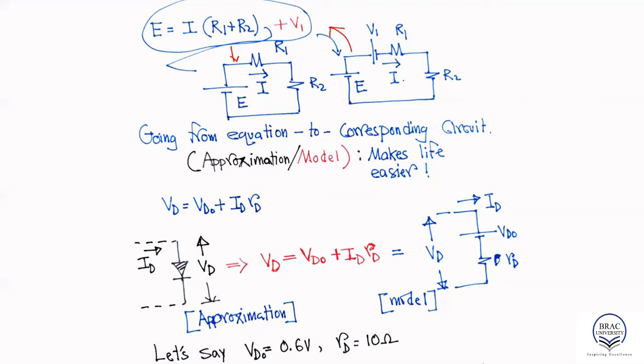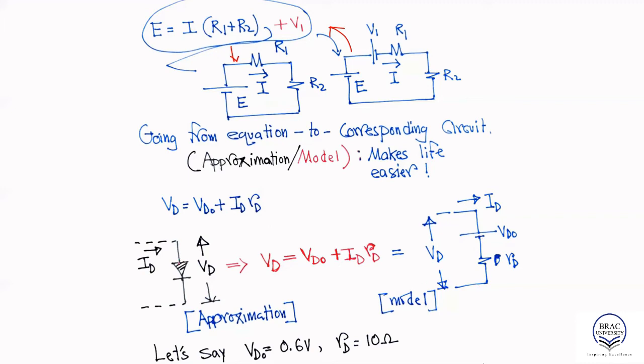What we learned from here is that from an equation, we can go to an equivalent circuit. This equation gives us a circuit that looks like that: a DC voltage source and a resistance in series.